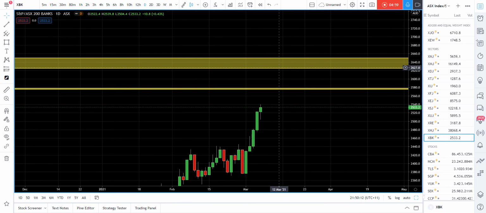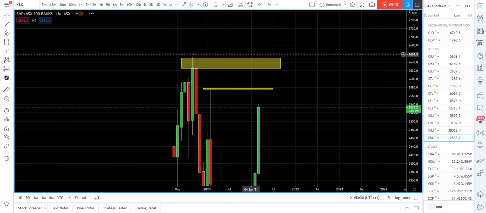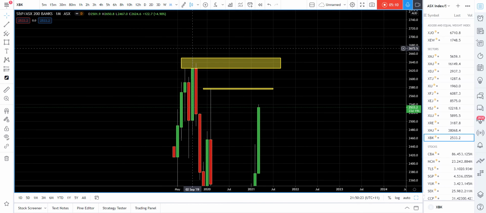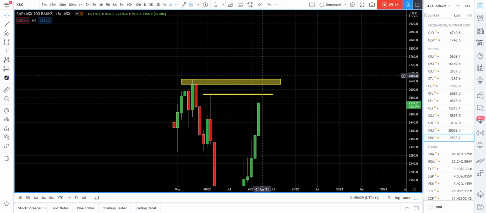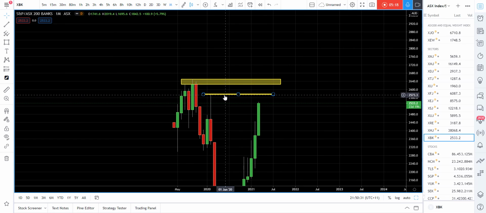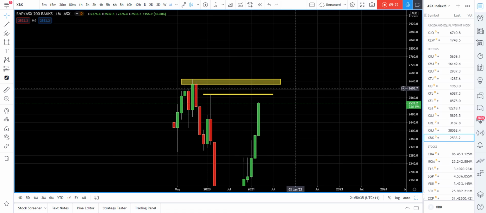But at this level, I do expect some corrections at this monthly resistance. As you can see, that was the previous high in September 2019. There is still a bit of room. Even this resistance here is a minor one, so I'll just be a little bit wary. It's just a minor one, but then this one would be a significant, important one because this was the previous highs.